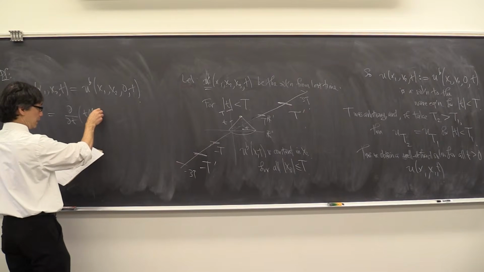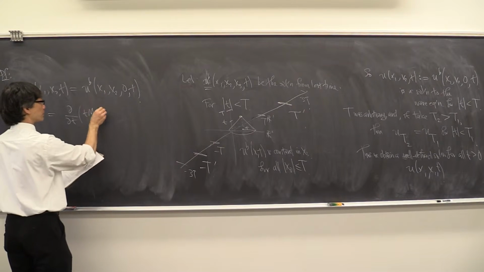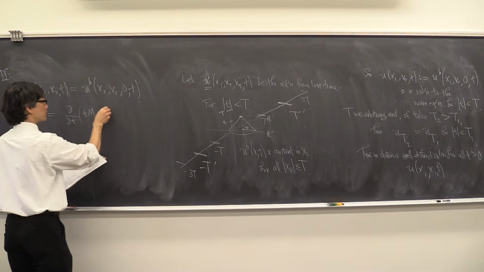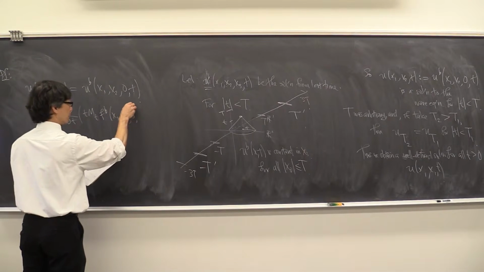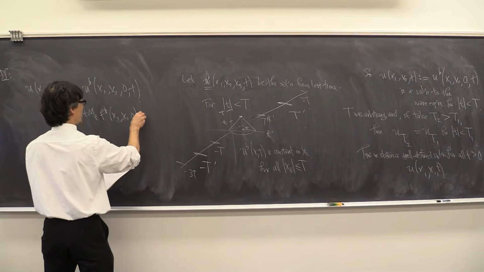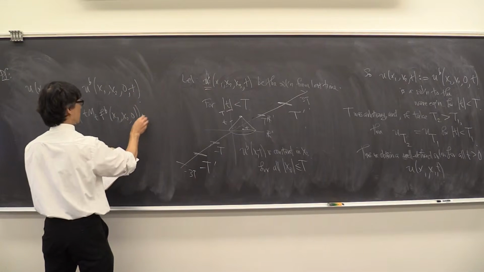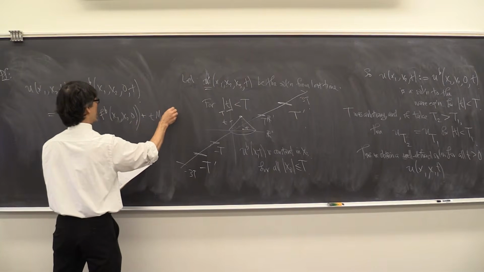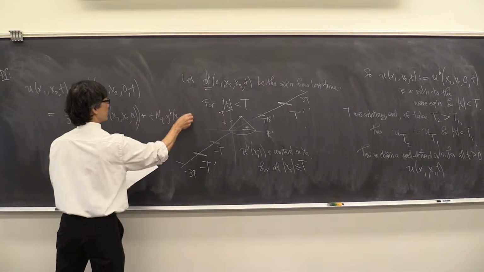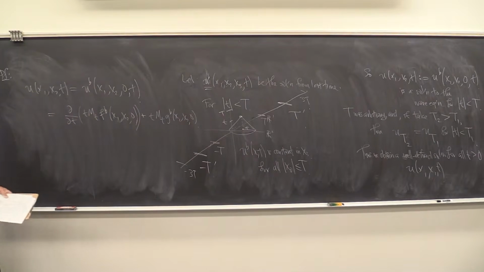This is what we worked out last time: d/dt of t m_t f flat at x1, x2, 0, plus t m_t g flat at x1, x2, 0.